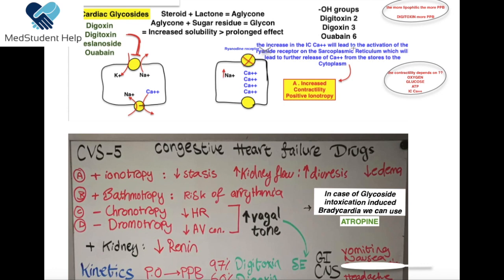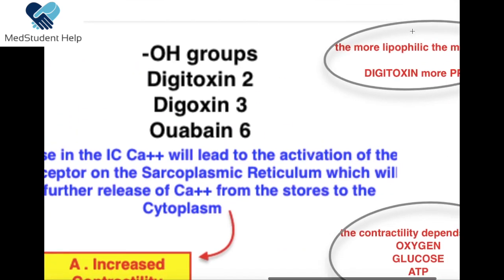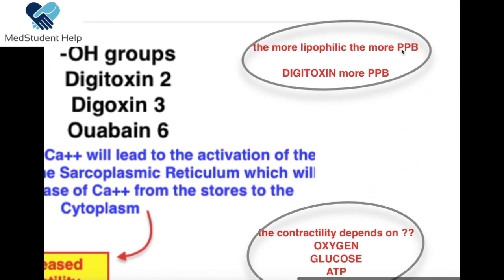Now we know that the hydroxyl group is going to increase the water solubility, which means hydrophilicity. So out of these 3, ouabain is going to be the most hydrophilic, and digitoxin is going to be the most lipophilic, the most lipid-soluble drug out of these, because it has the fewest hydroxyl groups. Now, what difference is there going to be in plasma protein binding?